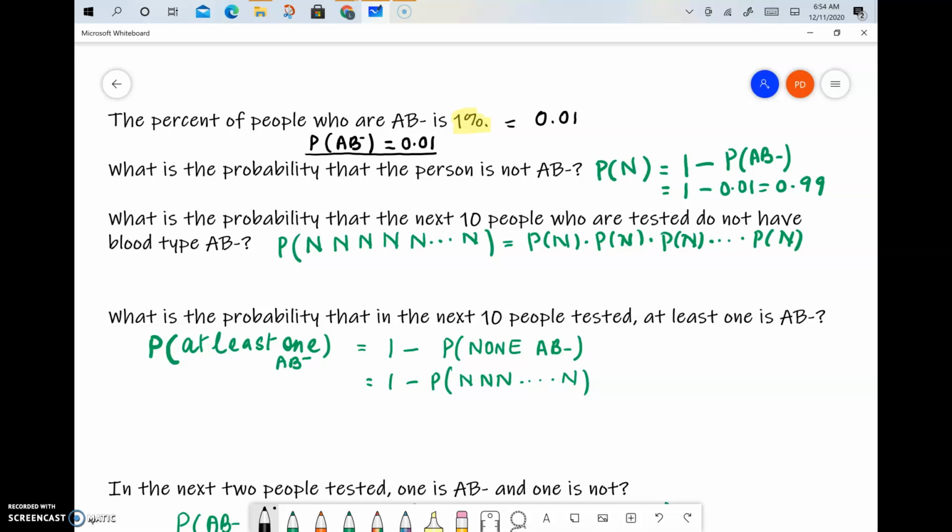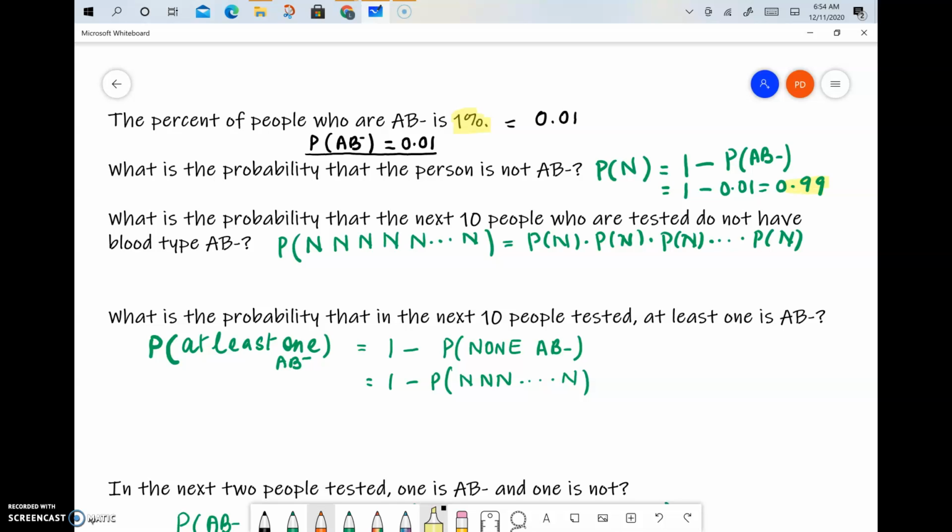Now, what is the probability that a randomly selected person is not AB negative? It is the opposite of being AB negative. So we use the rule of complements: the probability of not AB negative, which we're going to call N, is equal to 1 minus the probability of being AB negative, which is 1 minus 0.01, which is 0.99.